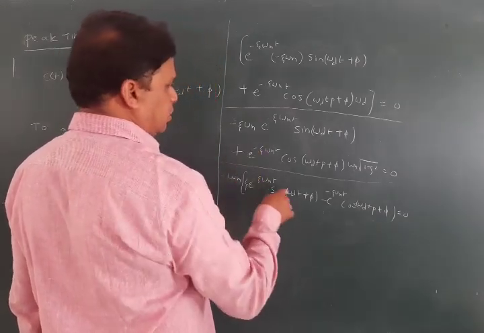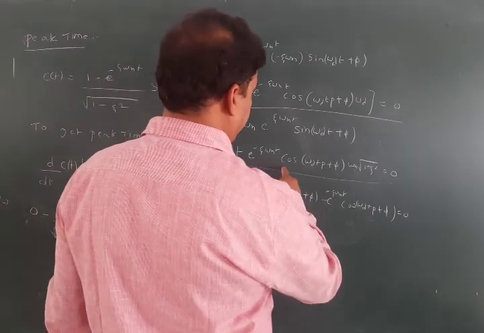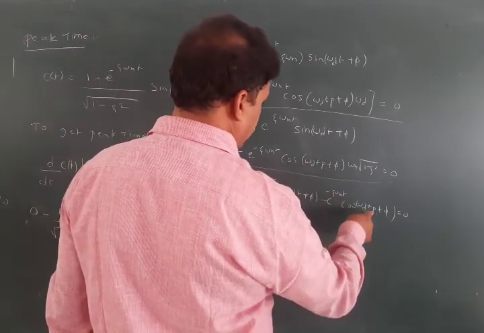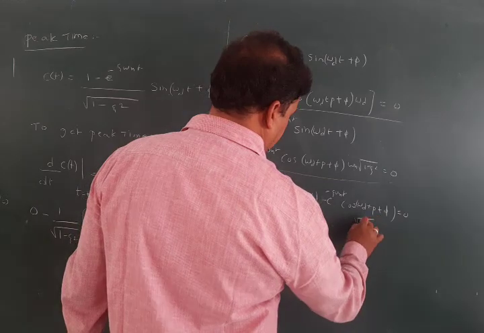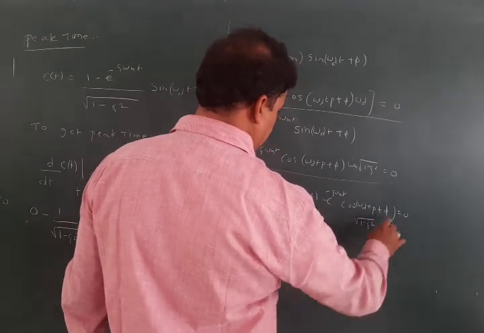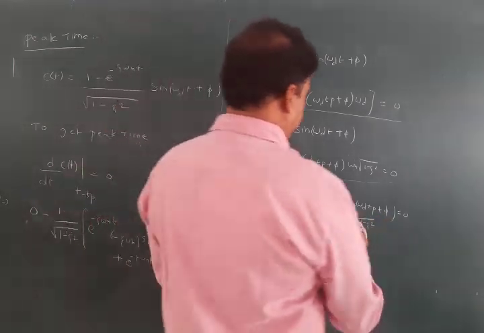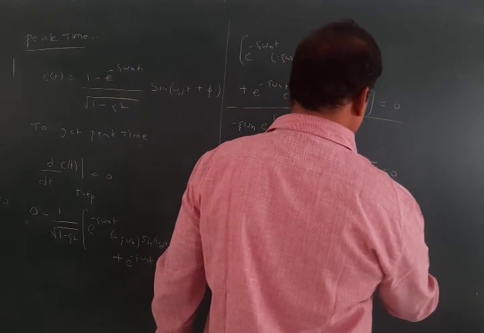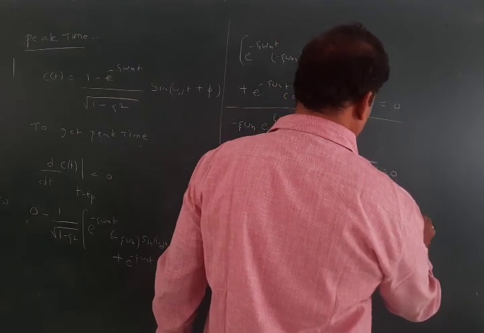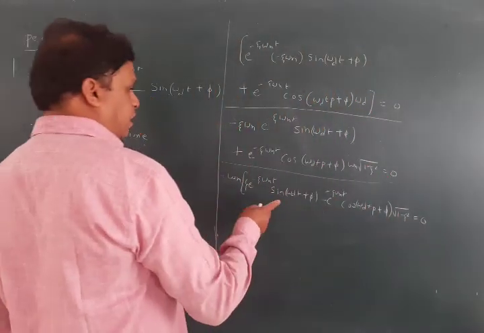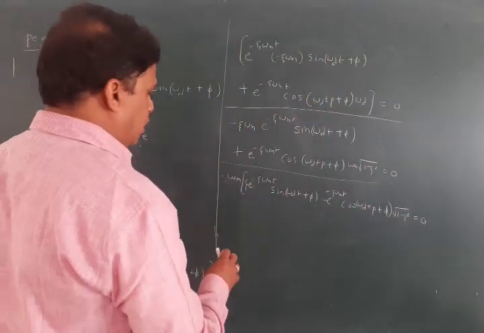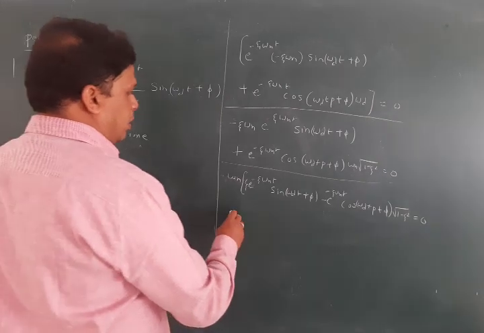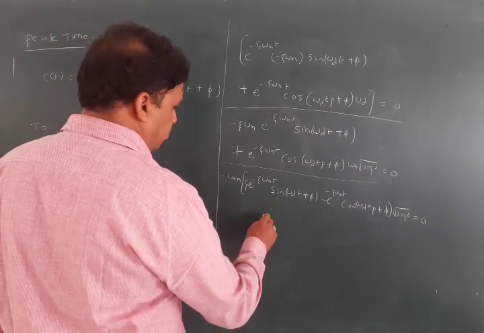Here zeta is there, and here also omega_n is common. So square root of 1 minus zeta square is equal to 0. After getting this common, what you do here is use the Pythagoras theorem.